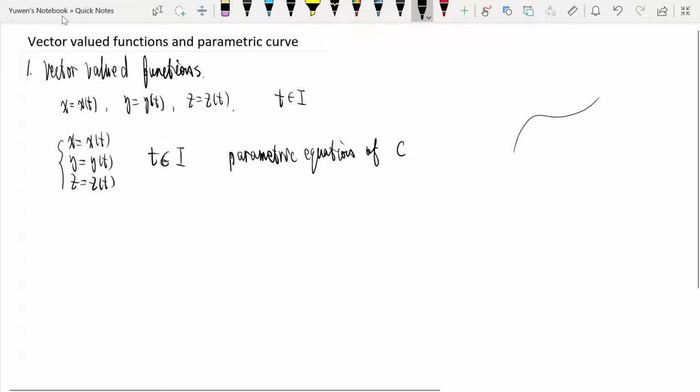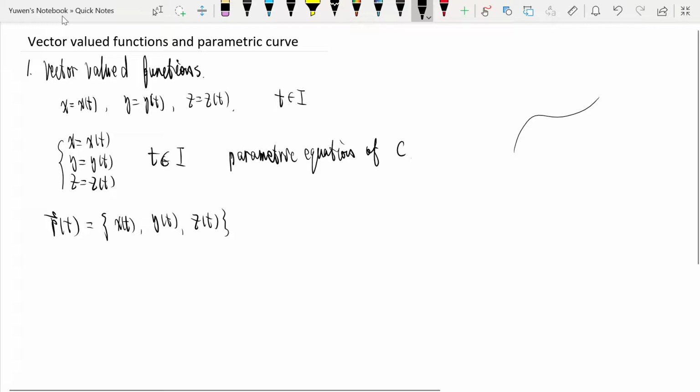If we regard the coordinates as the coordinates of a vector, we write this vector as r(t), because the coordinates depend on the time t.